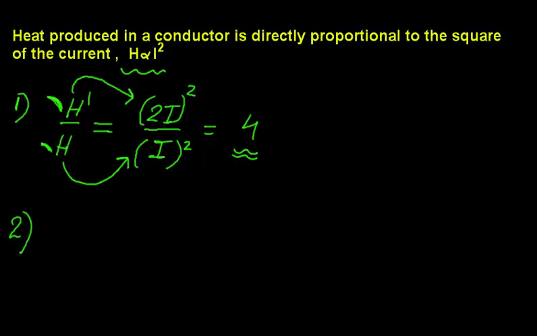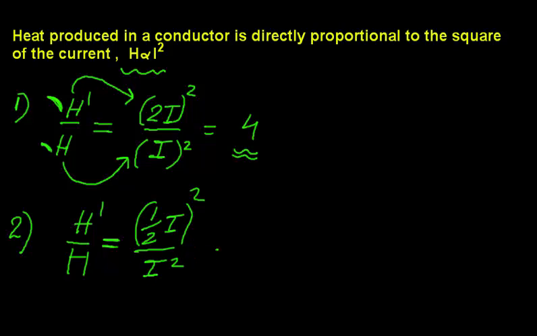And in the same way we can have another relation. If we halve the current, then what will be the effect on heat? If I halve the current, then if the initial current is I, the new current will become I by 2, so I may write half of I upon I with the square.